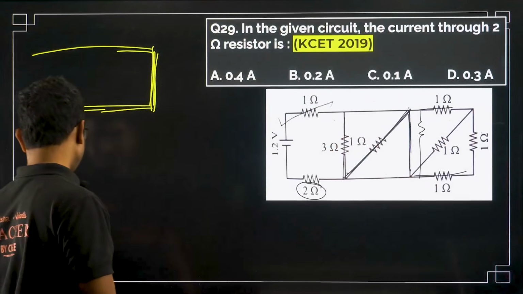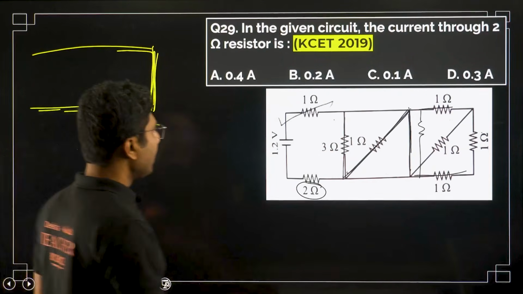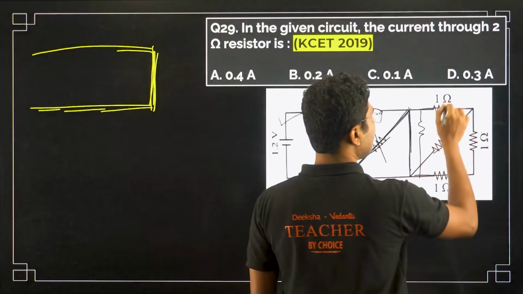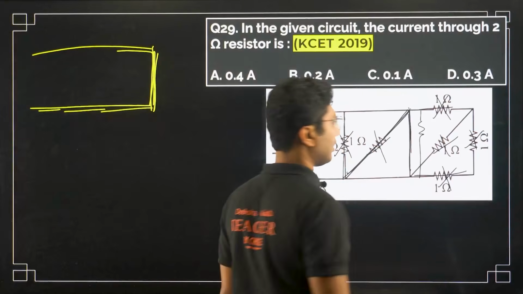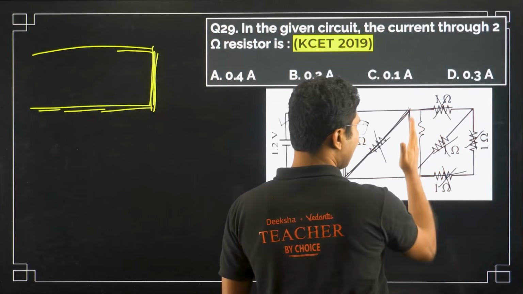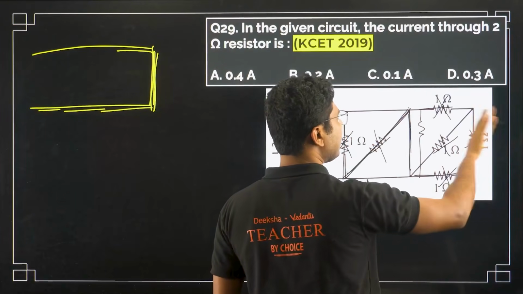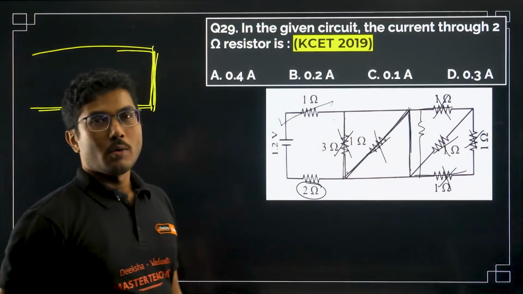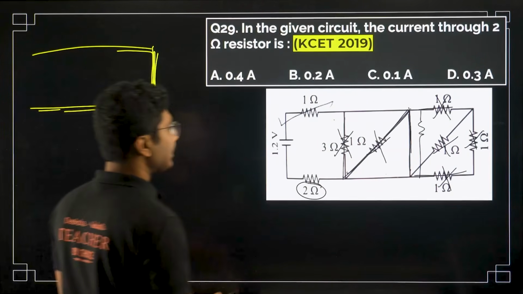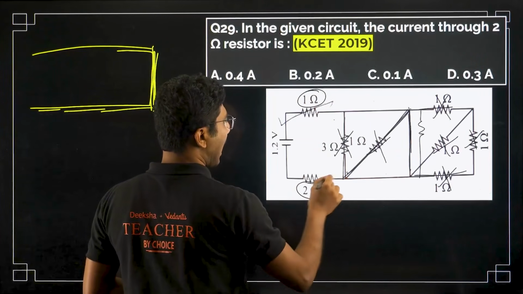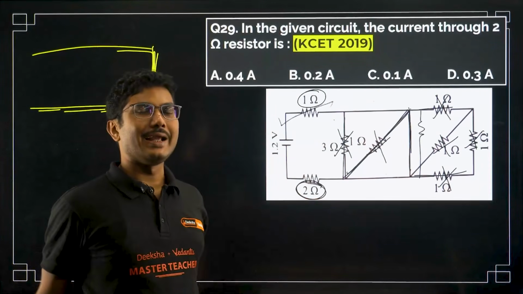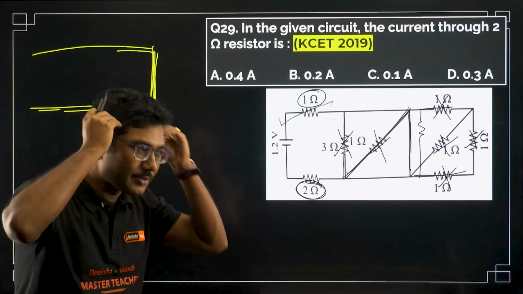So in this given question, you can simply ignore this one, this one, this one, this one, and this one. Because as I said, this entire combination is parallel to this zero resistance, so it will have no effect in this particular circuit. So the only resistances which are effective are 1 ohm and this 2 ohm. The remaining resistances will not play any role in this circuit. That is a very conceptual thing.